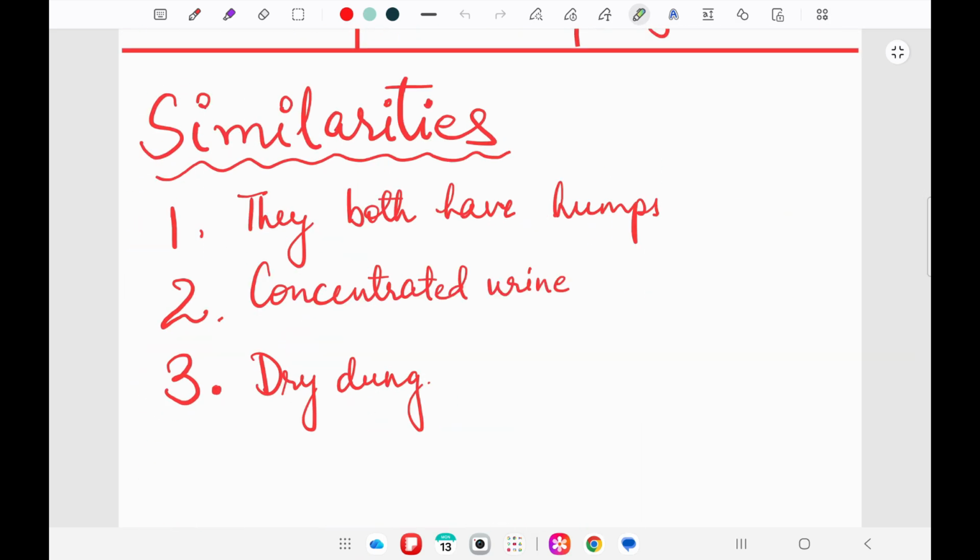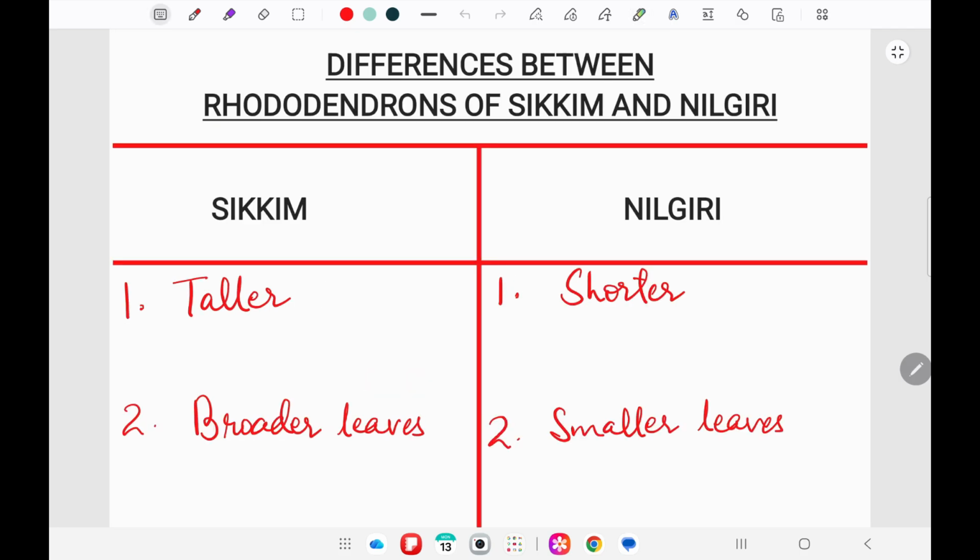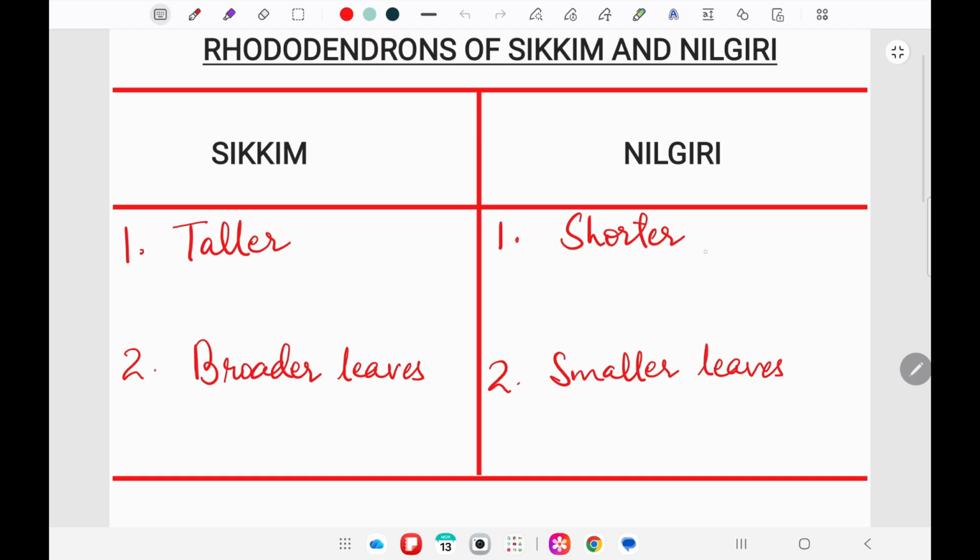We also discussed the similarities between the two camels. They both have humps, they both pass concentrated urine, and they both pass dry dung. We also compared the rhododendrons that are found in Sikkim and the ones that are found in Nilgiri. The rhododendrons that are found in Sikkim are taller than those found in the Nilgiri hills.